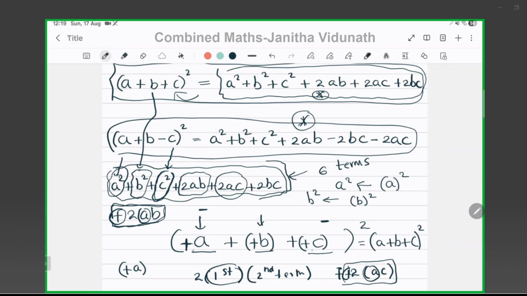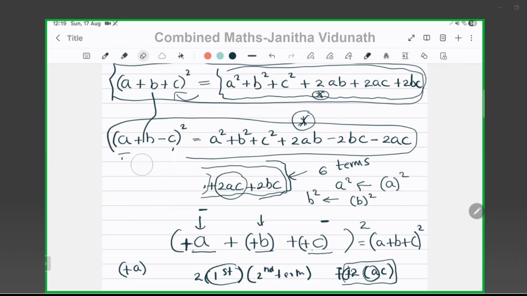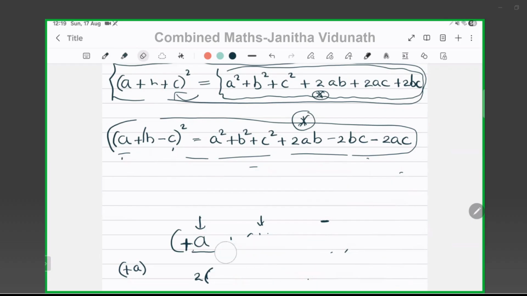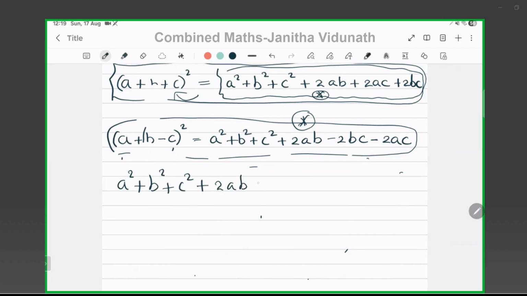Okay. Now I will do the second example for you. Now think someone gives you this expression: a square plus b square plus c square plus 2ab minus 2bc minus 2ac.